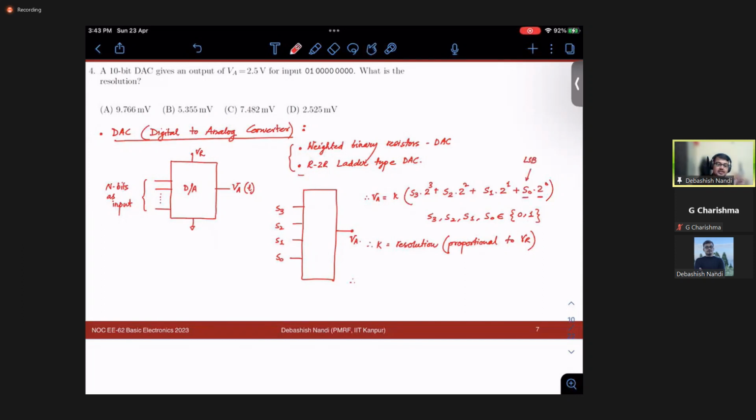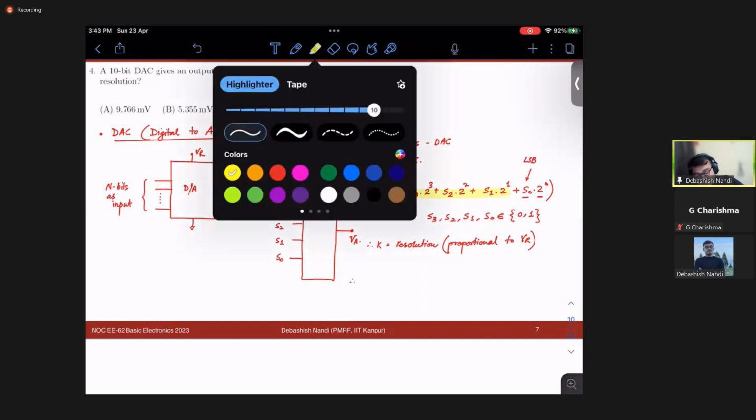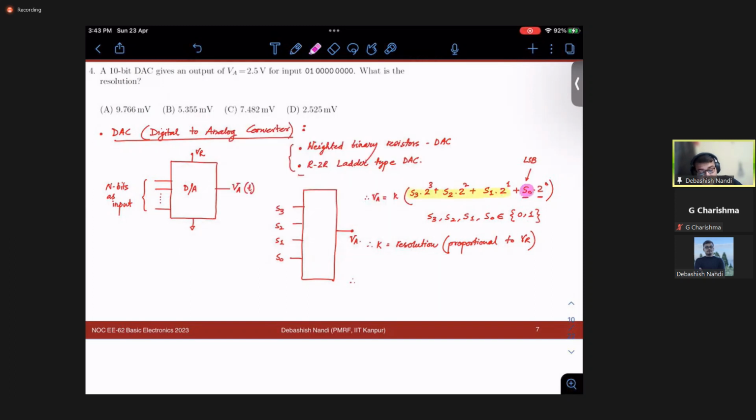If you change your LSB and take the difference, then you will get your resolution. Keeping this entire part the same, if my S0 is 0 and again S0 is 1, it will give me a difference of 1 only, and that is multiplied by K, which is nothing but your K only, right? So that is why your K is the resolution here.